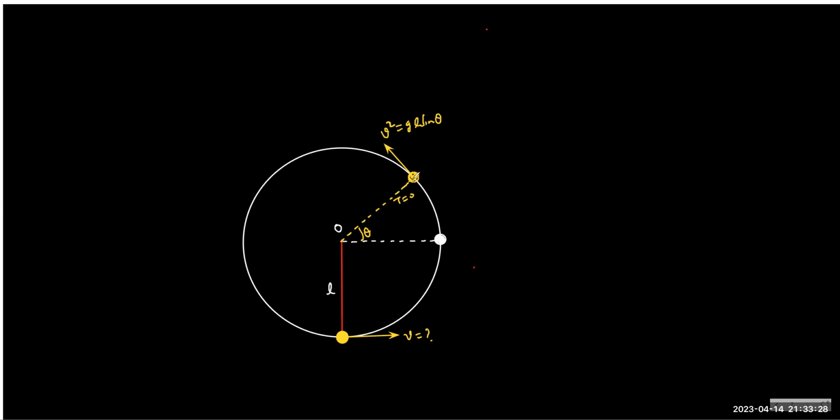Now what they are saying is that after the tension becomes zero, it will traverse the path and will hit the point of suspension itself. Okay. So what is V? So you got the question?